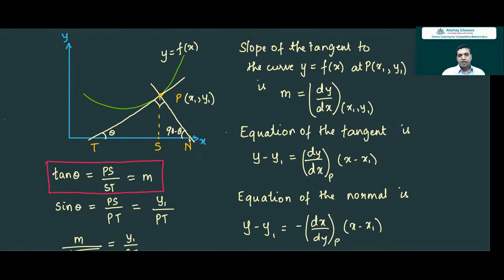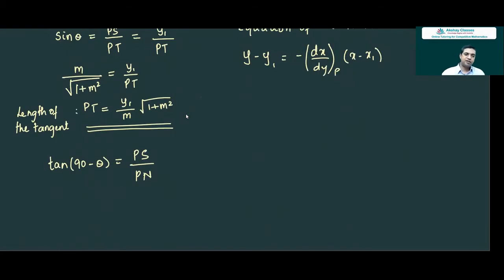I want PN, so it should be opposite side by hypotenuse, so it should be sine. Just a second. Sine of 90 minus theta is PS upon PN. So we get cos theta is PS upon PN.